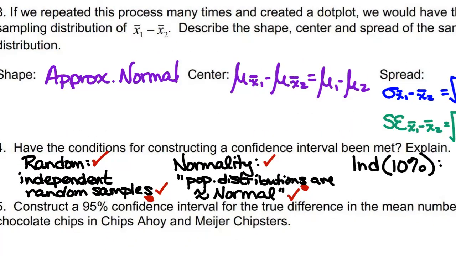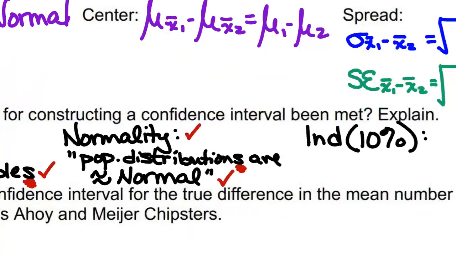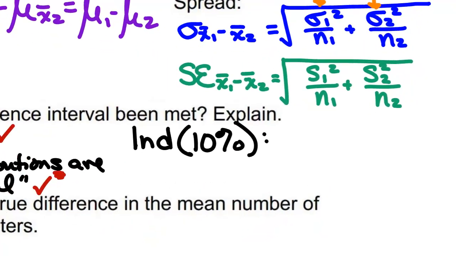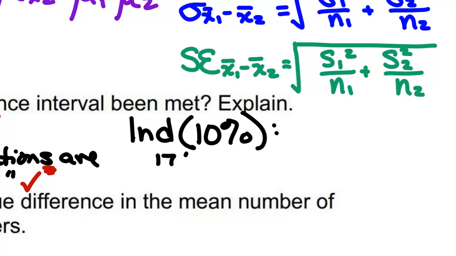And then do we have to check for independence? Do we have to check our 10% for independence? Yes. How would we check that? 10% condition. So how many Chips Ahoy cookies did we sample total? 17. So 17 is less than or equal to 10% of all Chips Ahoy cookies.